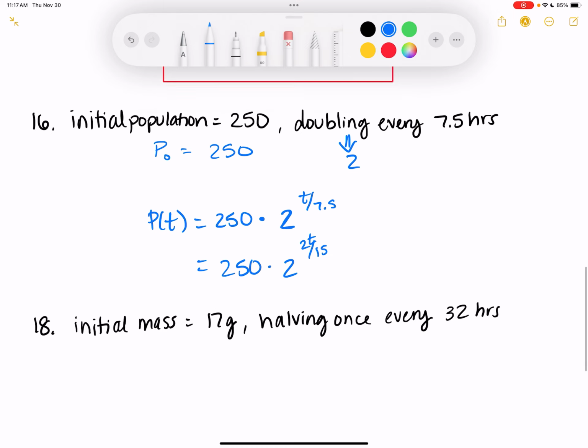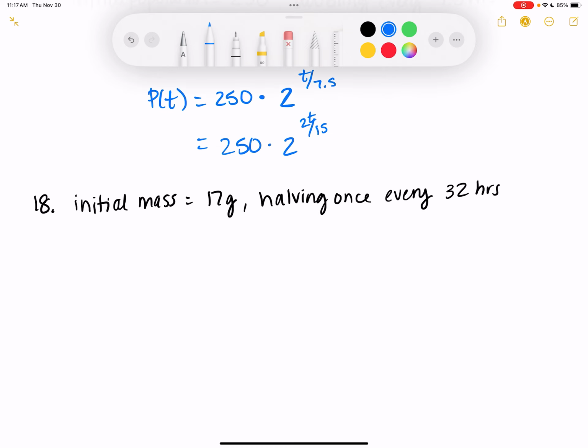Okay. So now we have an initial value of 17 grams, or 17. It's halving, so there are again 2 ways you can write this, and it's every 32 hours. So this is going to be t over 32.